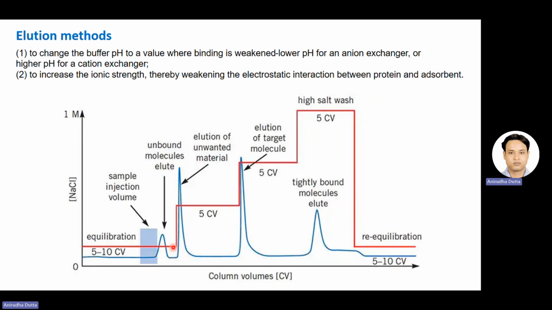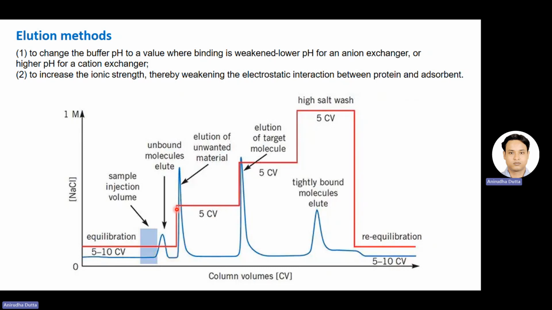We can do it in two different ways: either a step elution method, like increasing the salt concentration in different steps, or a gradient elution method, linearly increasing the concentration of the salt. Here we are doing a step elution. So we increase the concentration of salt and we run that second buffer for 5 column volumes.